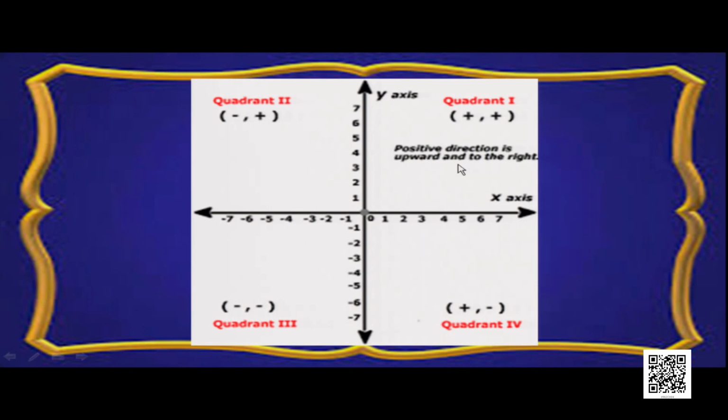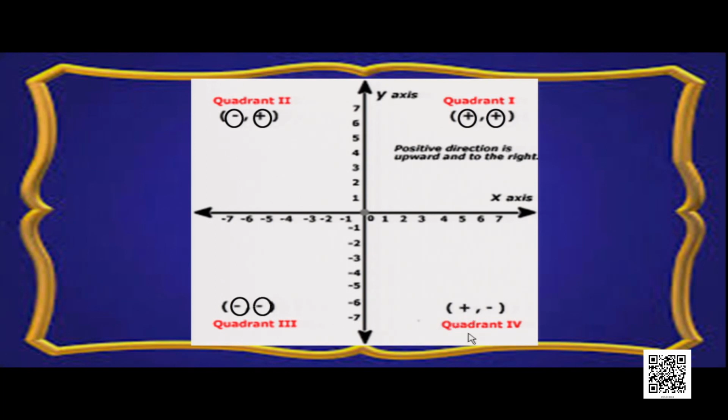Now we have four quadrants. In quadrant 1, the x coordinate is positive and the y coordinate is positive. Now you see, in the second quadrant, x is negative and y is positive. And in the third quadrant, x is negative and y is also negative.